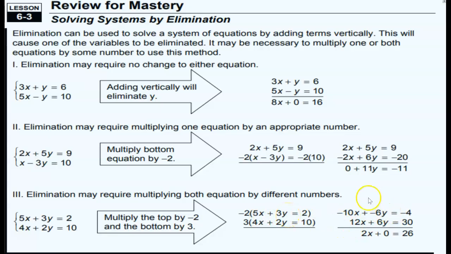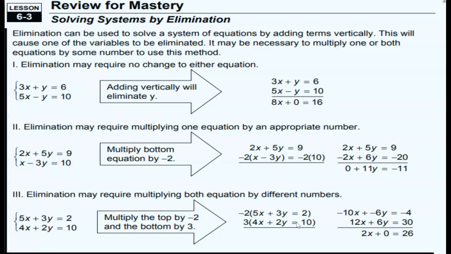You want to get the same coefficient with opposite signs on either one of the variables, x or y, and then you add vertically, right? And then you're going to have 2x plus 0 equals 26. Divide by 2, get that answer, plug it back in, and then find out what y is.